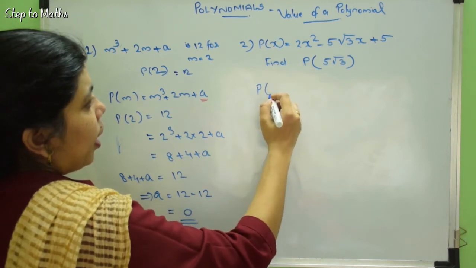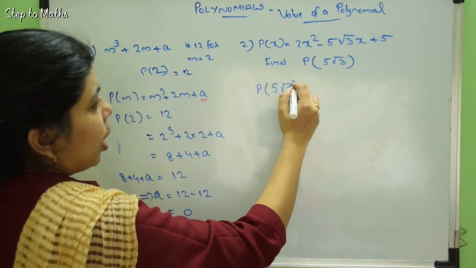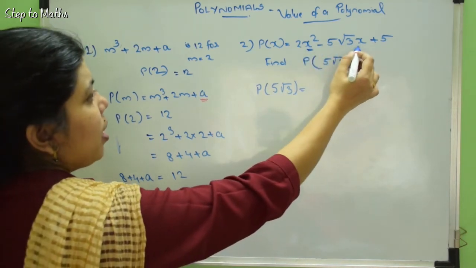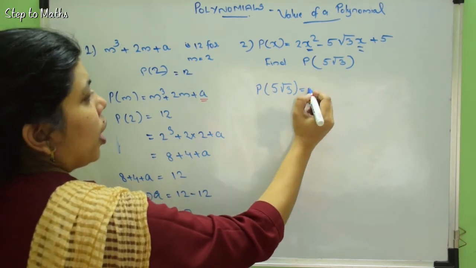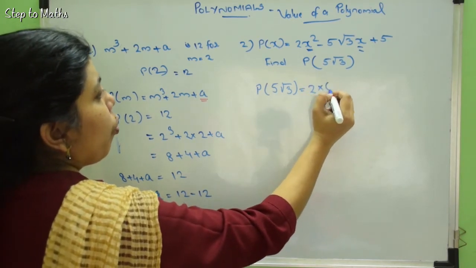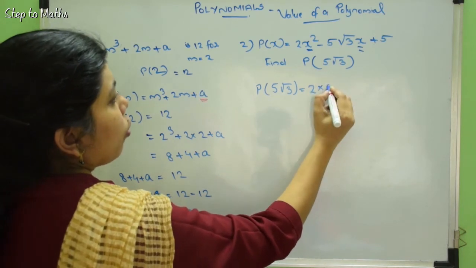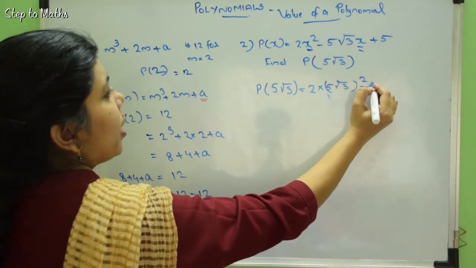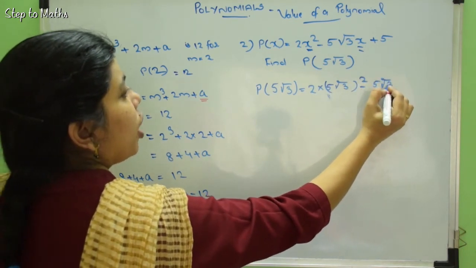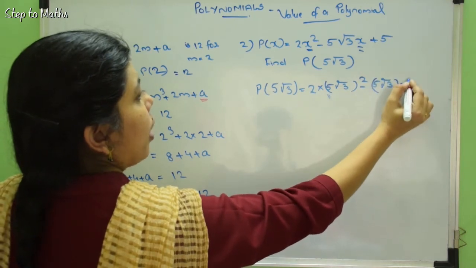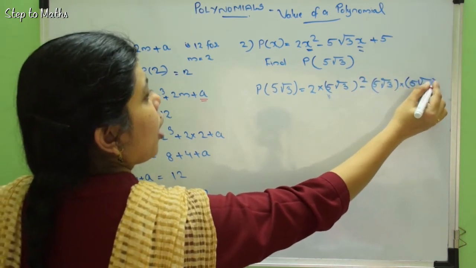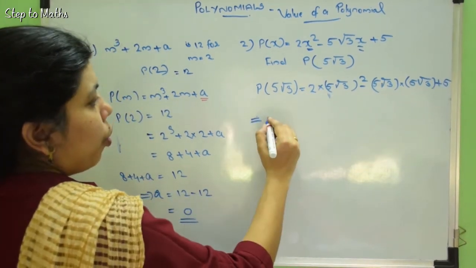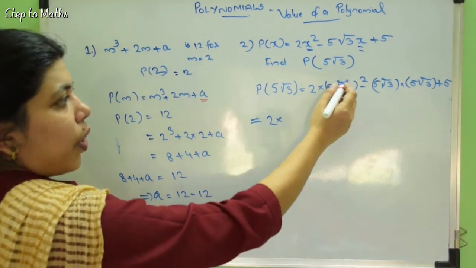From here directly we can write p of 5 root 3 equal to, in place of x substitute 5 root 3, that is 2 into 5 root 3 square minus 5 root 3 into 5 root 3 plus 5, that is equal to 2 into square of 5 root 3.